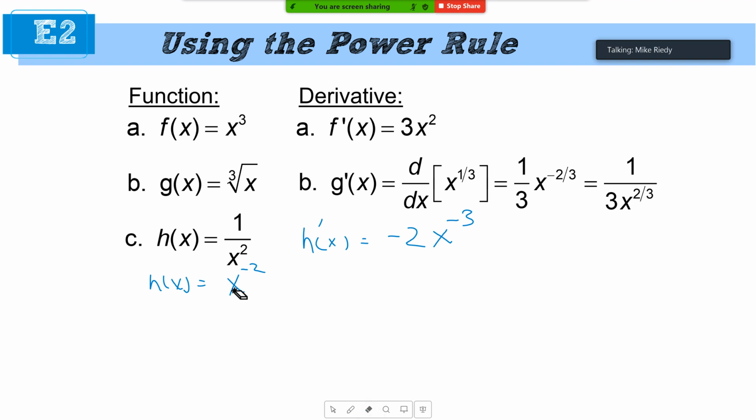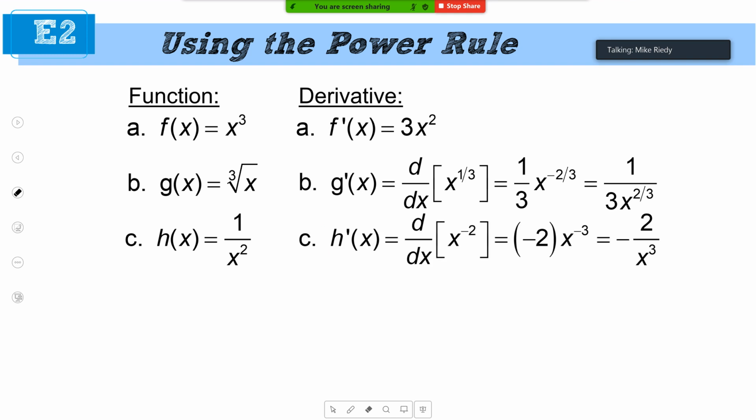So you might want to take the time to rewrite the function before you take the derivative, especially if this is your first time doing this. For those of you that are seasoned veterans in this kind of stuff, you probably don't need to do that. Again, we don't need that last step right now. Eventually we'll get to that point. If you want to show off, you can get rid of your negative exponents, but it's not a priority right now. Right now, the priority is being able to apply the power rule.